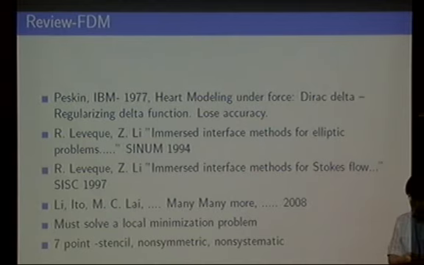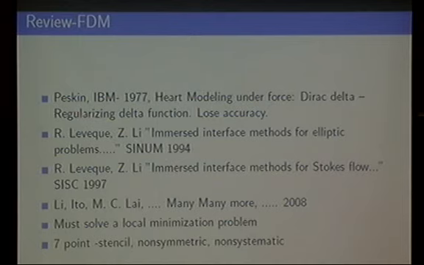A heart moves with a pulse, boom, boom, boom. The pulse is represented by a Dirac delta function. But the Dirac delta function is not really a function, so it looks very hard to realize numerically. So he did a very rough numerical approximation to represent the Dirac delta function. Then the accuracy is very bad; they lose accuracy.